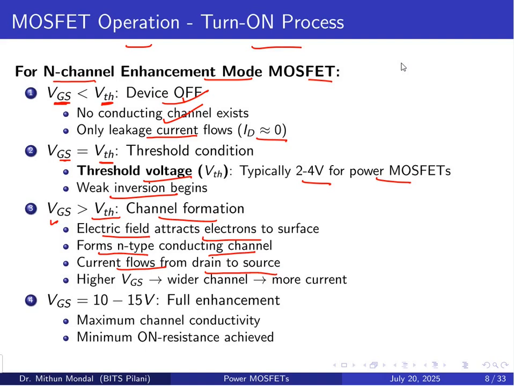And as you increase the VGS, the channel will become wider and you will be getting more current. With gate to source voltage generally in the range of 10 to 15 volt you will have the full enhancement mode of operation, and this is the maximum channel conductivity, and the minimum on resistance will be achieved.